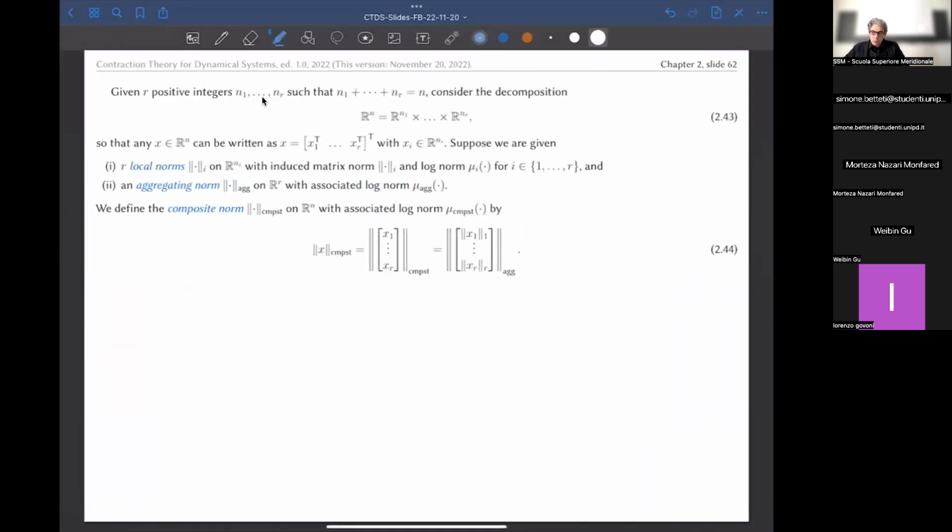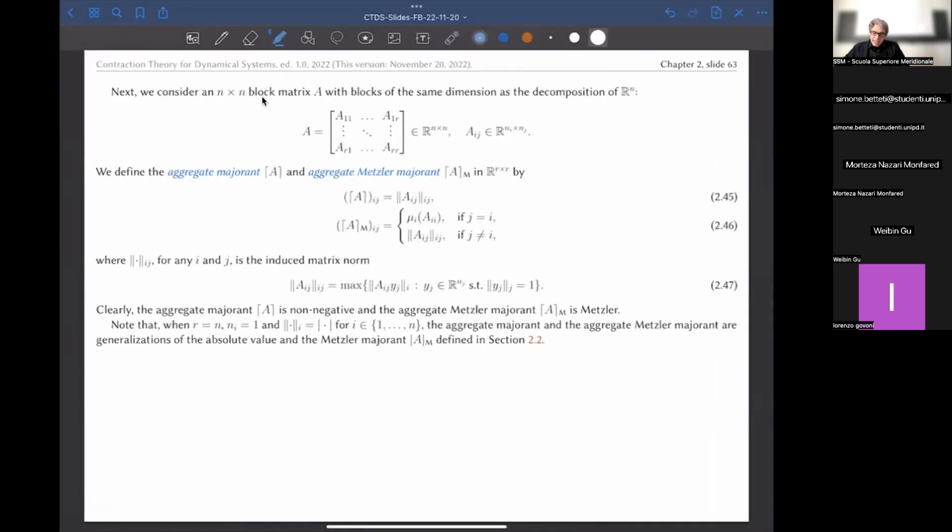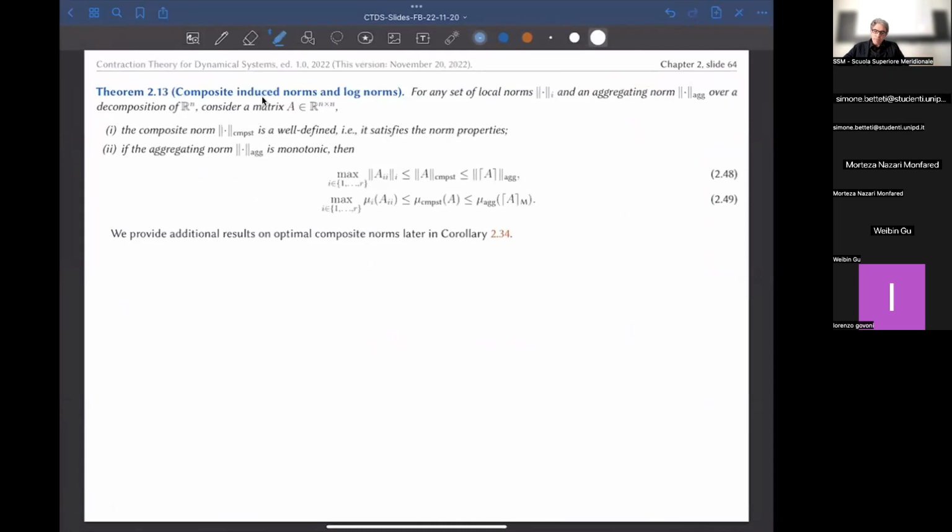Composite norms you have already seen, but at the heart of that result, I think, is essentially an algebraic version for matrices of the contractivity theorem that I did the other day.